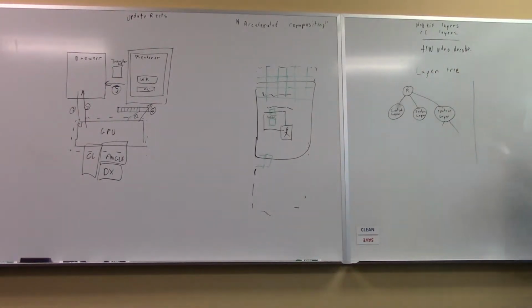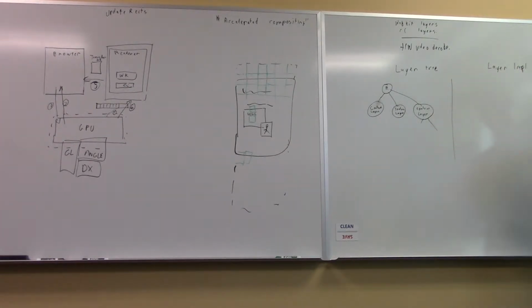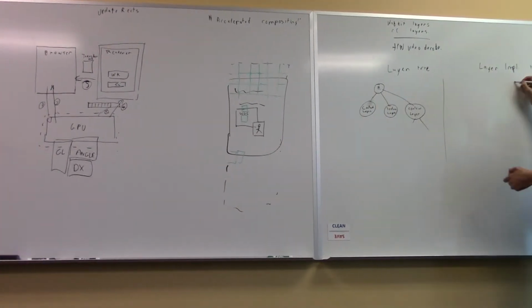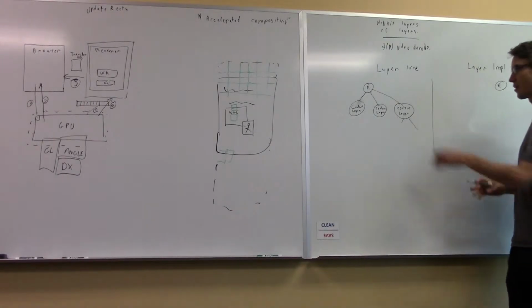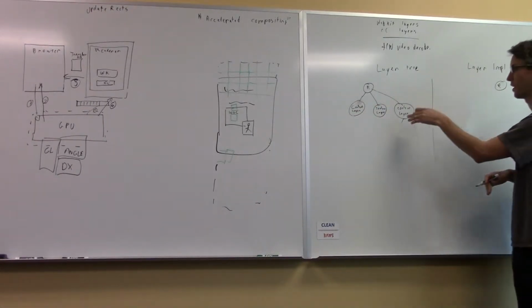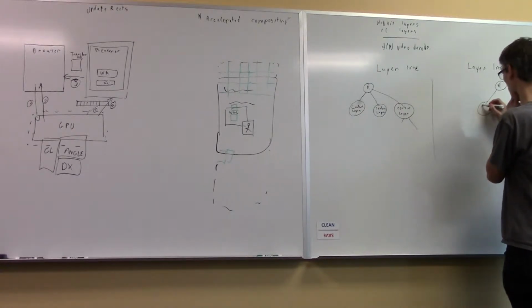So basically, we have the layer tree, and we have in CC what we call the layer impl tree, which is very bad naming, but that's what it is. For every layer on this side, we're going to create the evil twin of it, the impl version. So we have a content layer, we have a content layer impl. We have a texture layer, we have a texture layer impl.